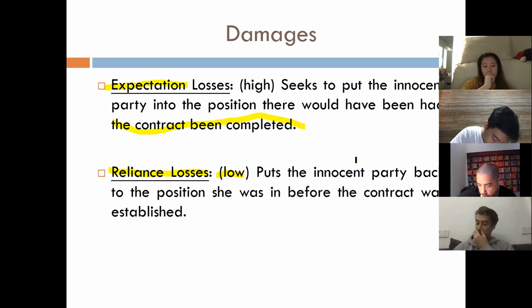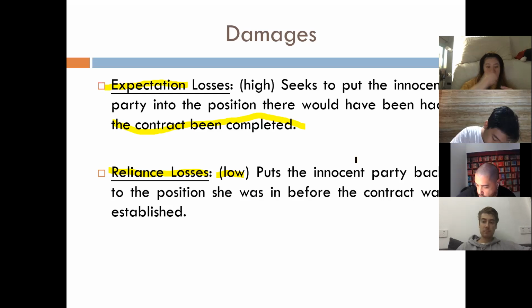Now, the reason that this is important is that when you are writing contracts, you can put this into your contract and you can say, in the case of breaking a contract, party A will receive expectation losses. Now, if Nicola or Jordan or whoever signs that contract and then says, oh, I didn't know what that meant. Well, why didn't you ask someone? Oh, well, I thought it meant that you just get back your money.